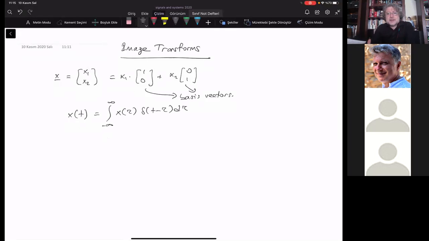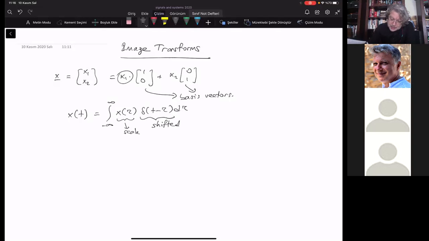You may find this not really looking like a linear combination, but essentially it is a linear combination of shifted and scaled impulses. This is scaled, so these are scales. So x of tau is actually a number.